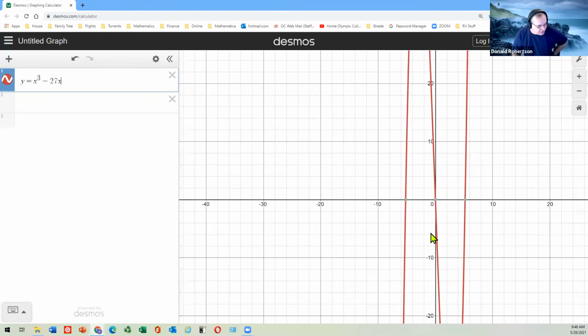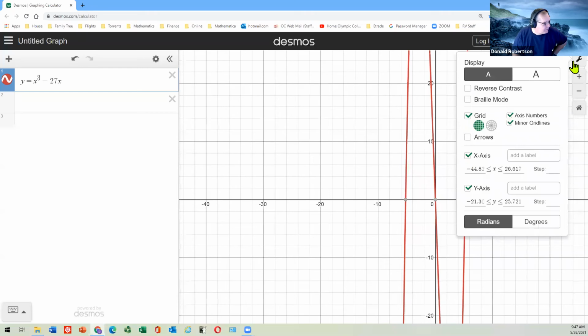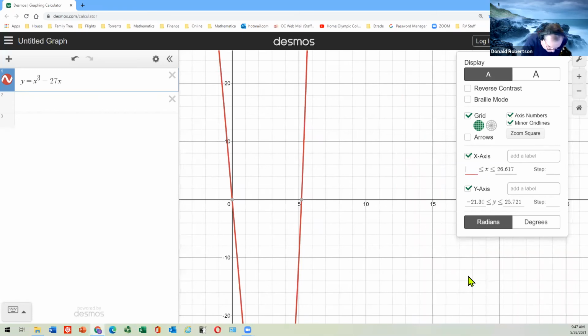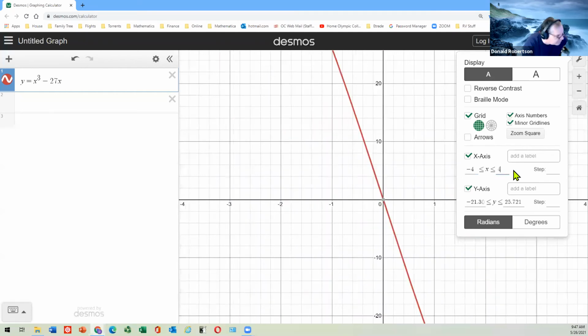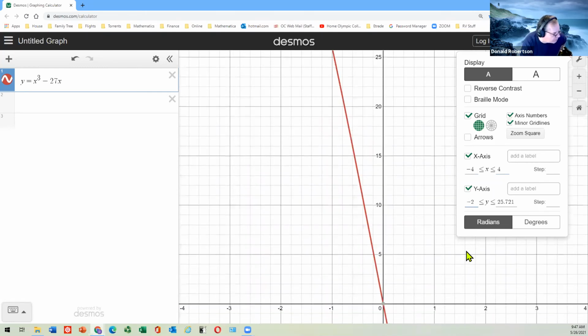Do you notice that it's very hard to see this function because it has a standardized window? So I'm going to go up here and change the x values. I'm going to do them from -4 to 4. Now I'm going to change the y values to a number that we can use.